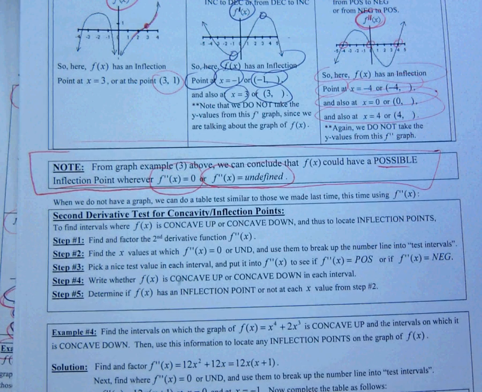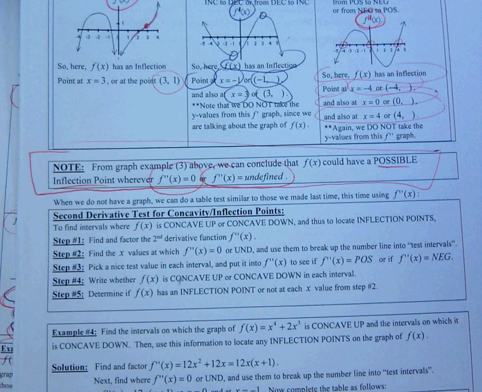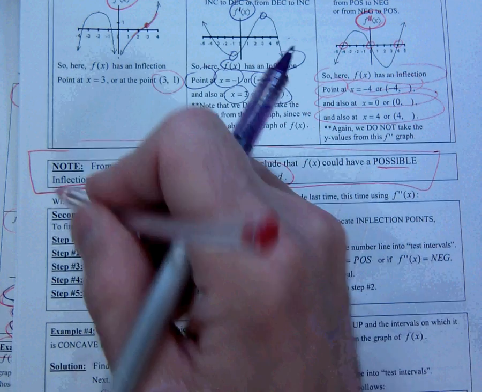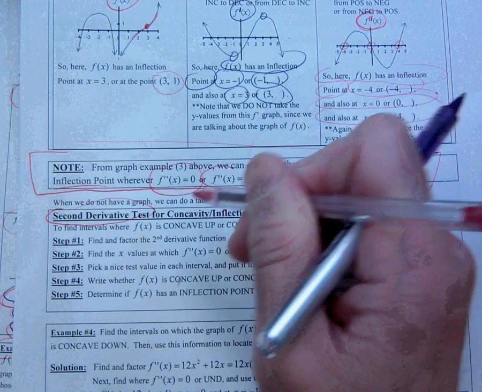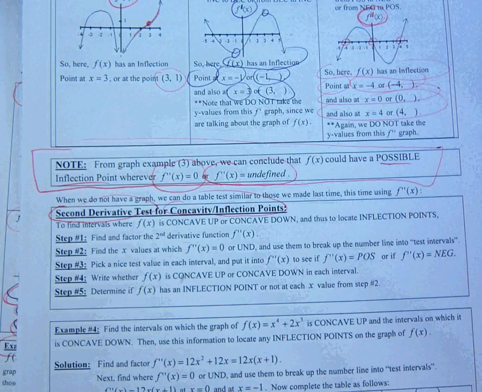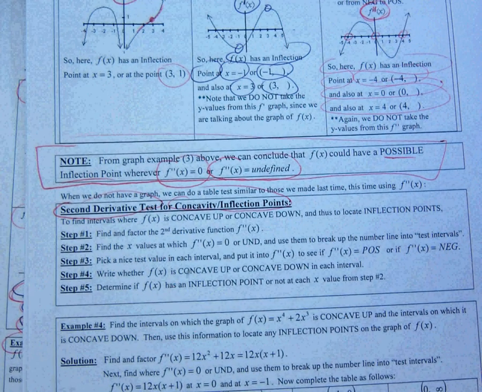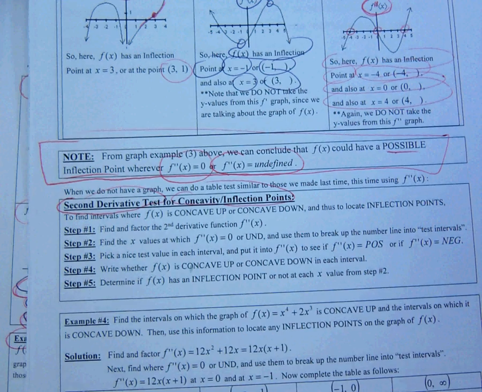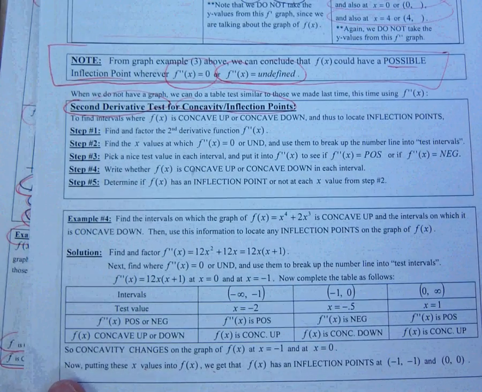Okay? And with that in mind, that leads us to what we call the second derivative test for concavity and finding inflection points as well. All right, so here we go.